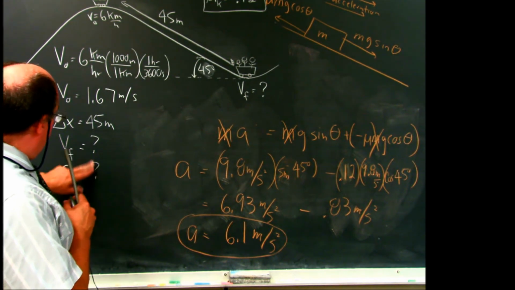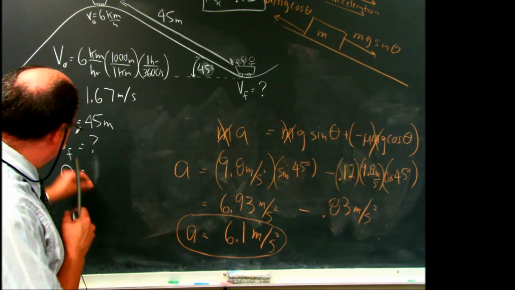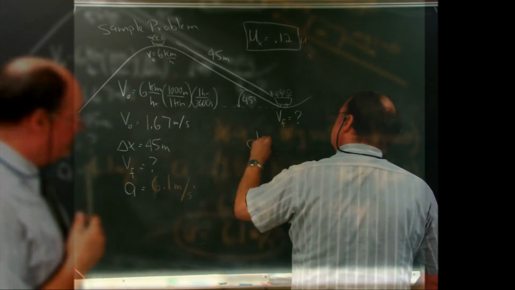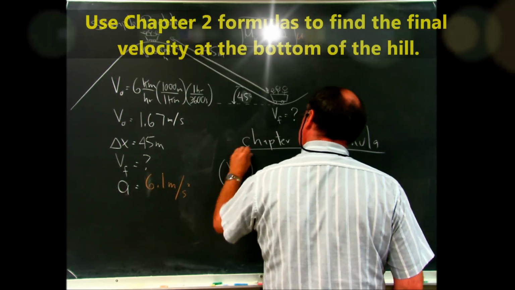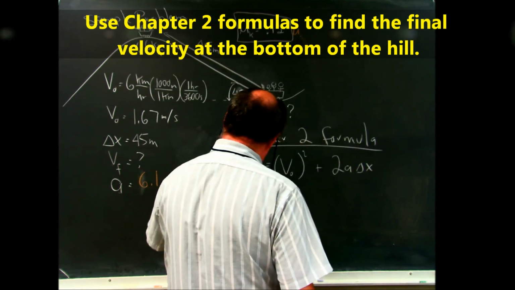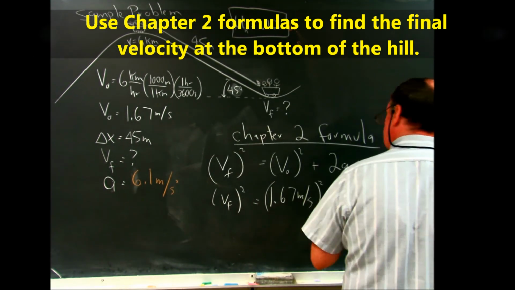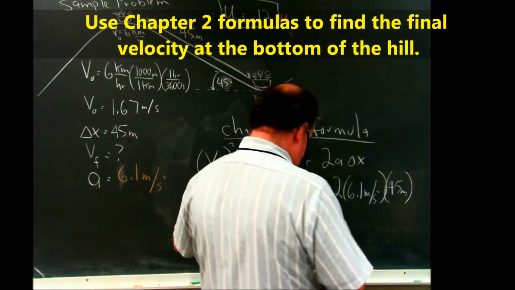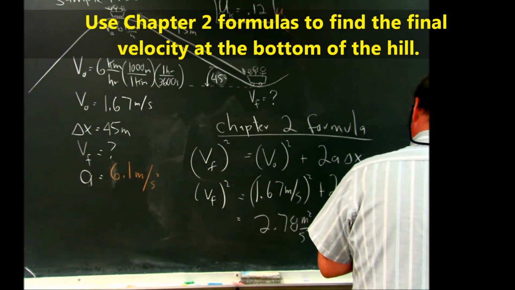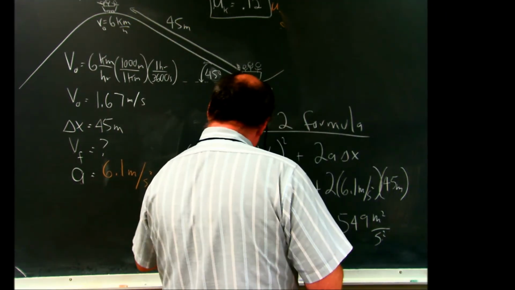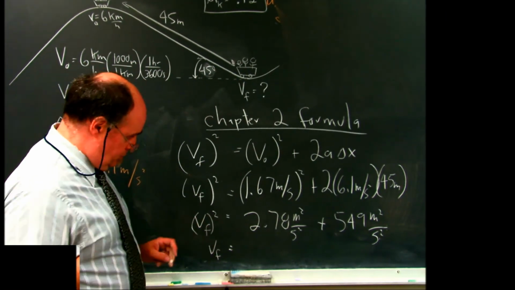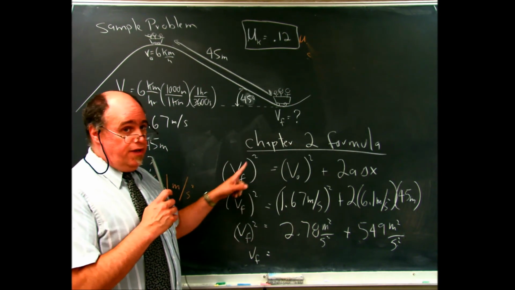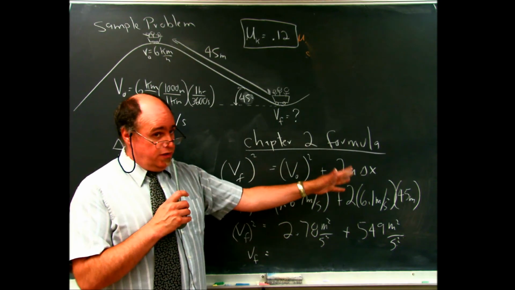Okay. So now I have the acceleration. The acceleration I just found was 6.1 meters per second squared. I'll use a Chapter 2 formula, and the Chapter 2 formula uses v final squared equals v initial squared plus 2a delta x.